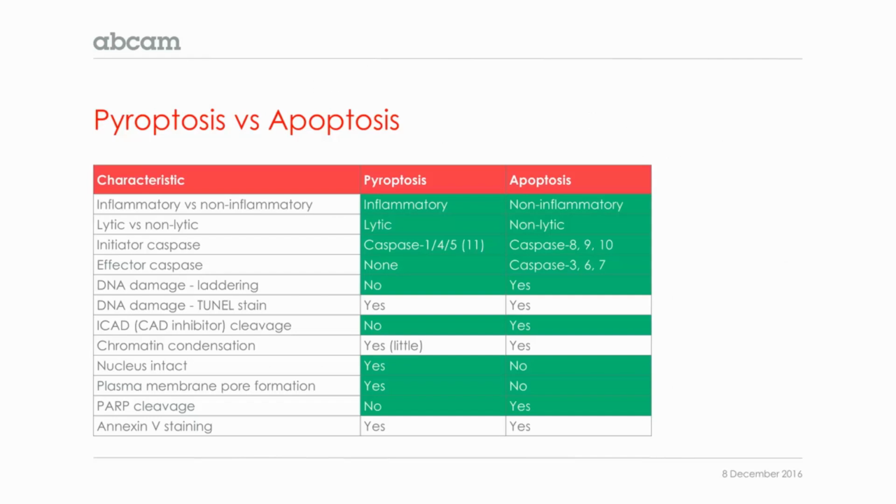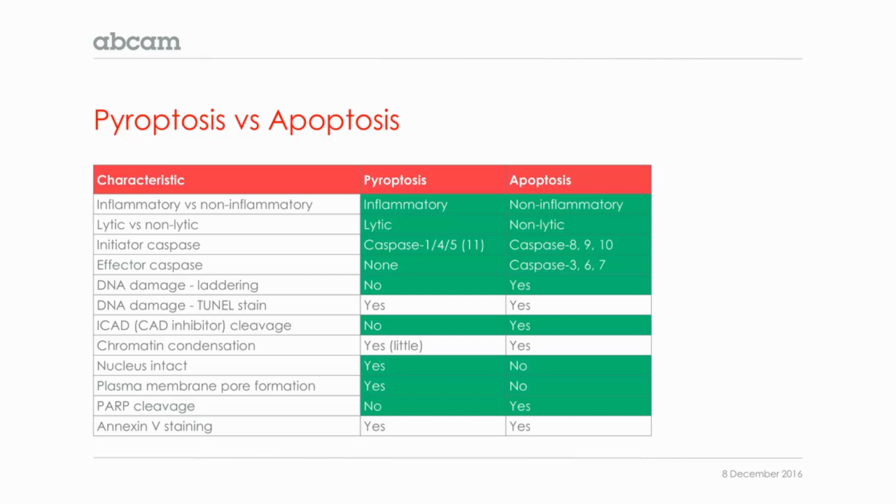So if both apoptosis and pyroptosis are caspase-dependent cell death types, how can we differentiate them? Well, they have quite different morphological and biochemical features, which have been highlighted in green here in this table.